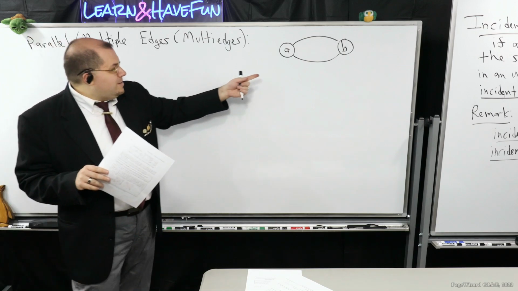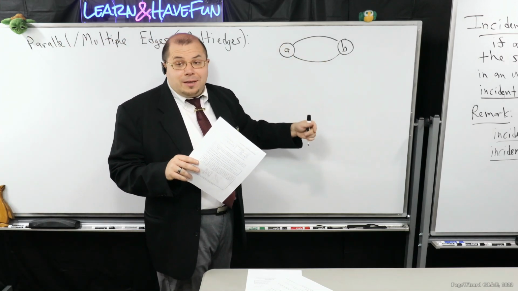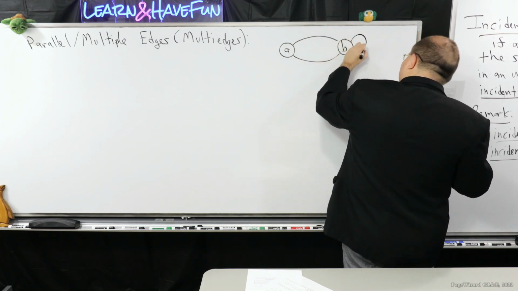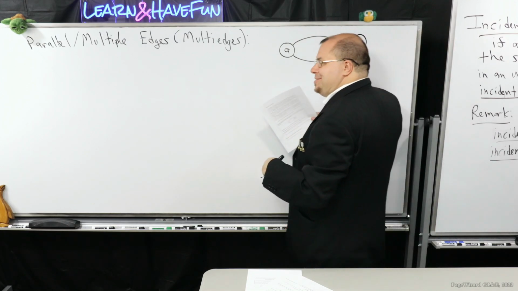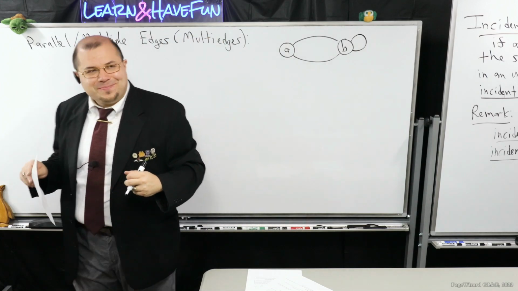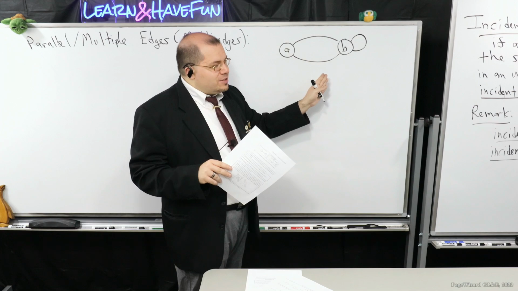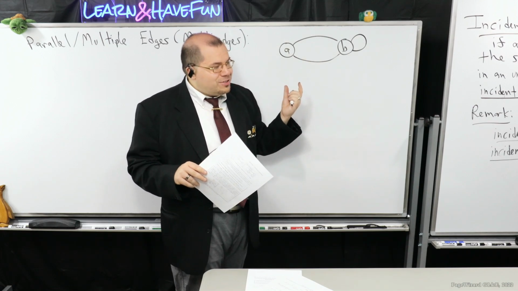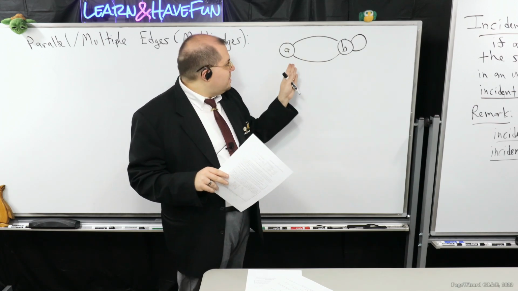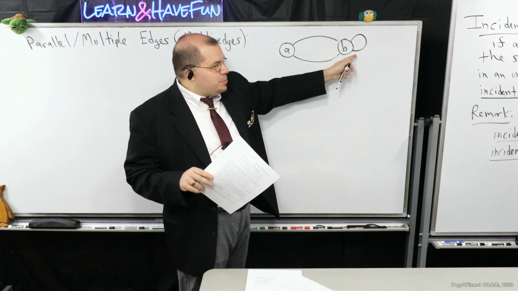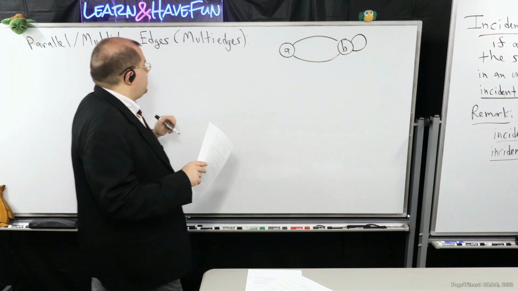You could say that both of these edges are incident on A and B. In addition, you can also have an edge where both of its endpoints are the same vertex. So in this example I have two parallel edges, or multi-edges, and I also have a self loop over there, or some people call that just a loop.